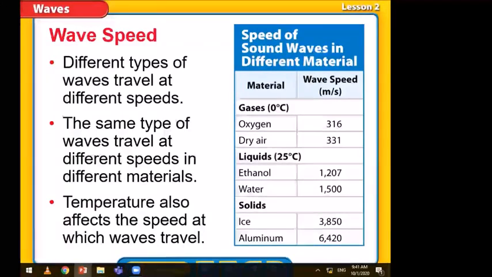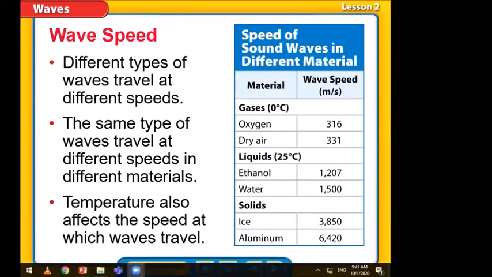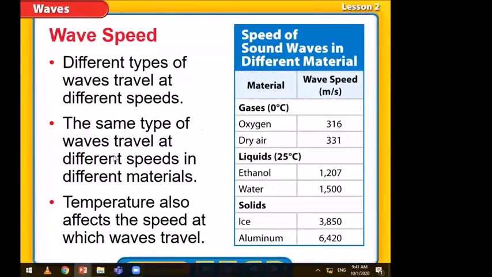Longer wavelength means that the distance between one point to the same point on the next wave will increase. How the frequency affects the wavelength: if we have lower frequency, that means we have fewer crests and troughs, which means we have longer wavelength.